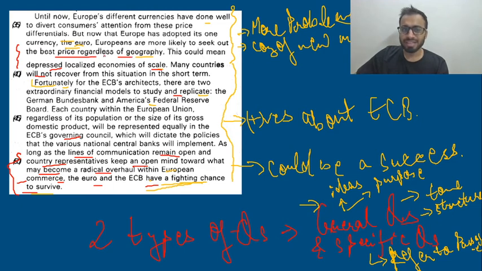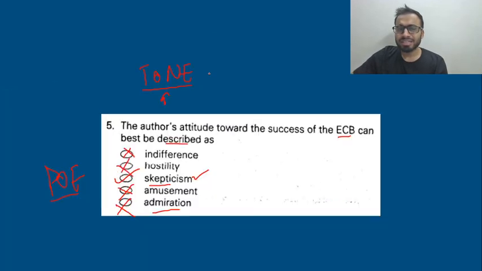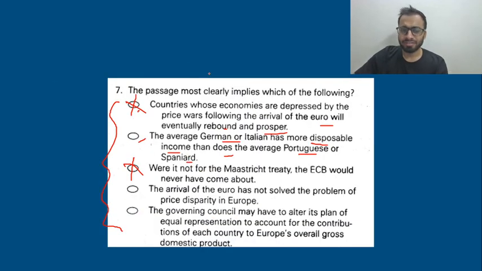This means they'll haggle. This could mean depressed localized economies of scale. Many countries will not recover from this situation in the short term. So this is implied in the paragraph: there is price disparity in Europe, and the arrival of the euro has not solved that problem. So this looks to be the more appropriate option than B.